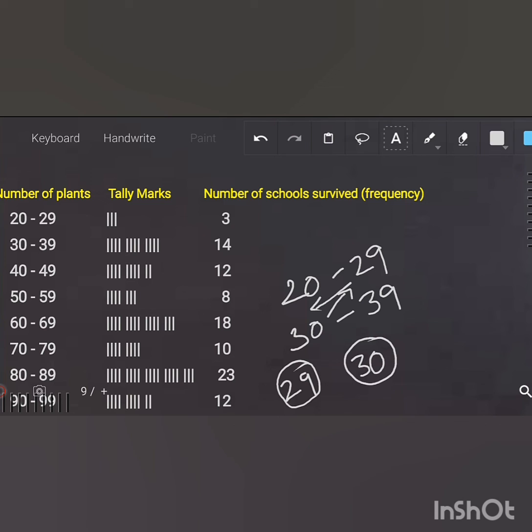These two are not equal. Then that kind of series is called a discrete series. In this, the upper limit of the previous class is not equal to the lower limit of the successive class.